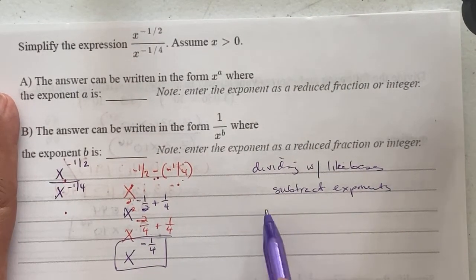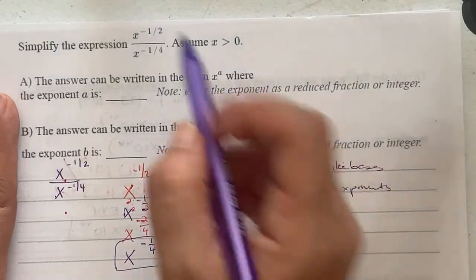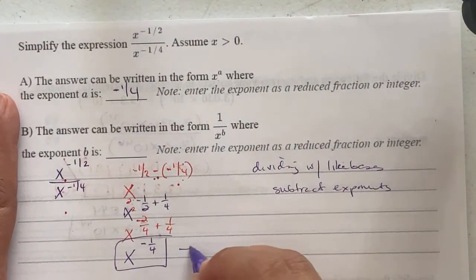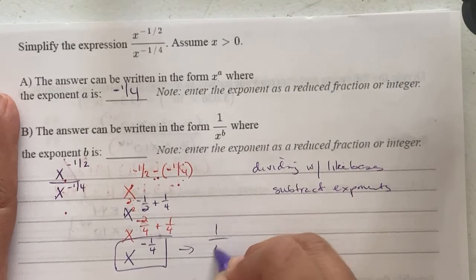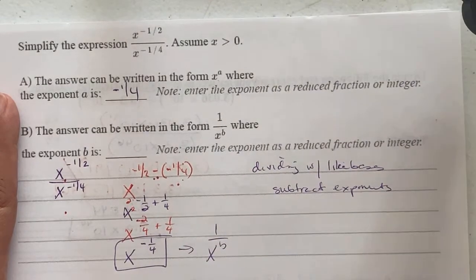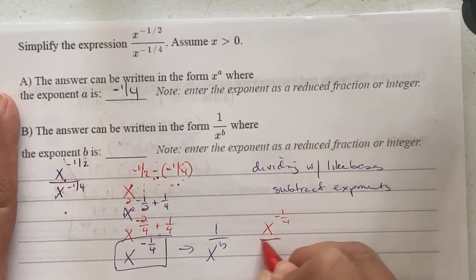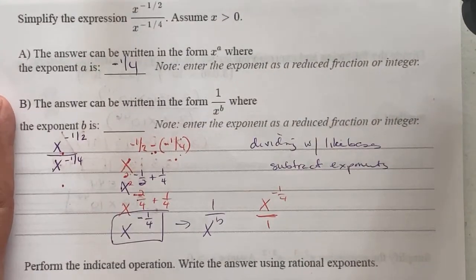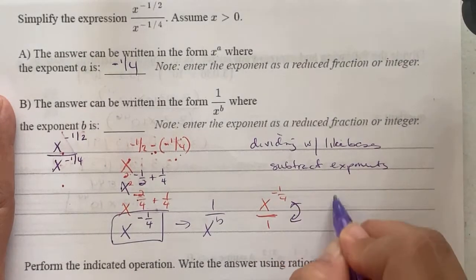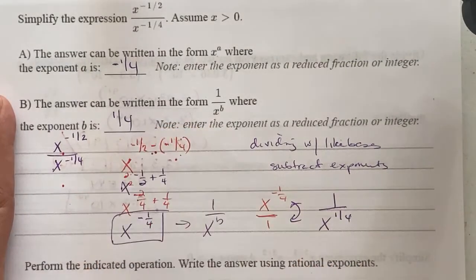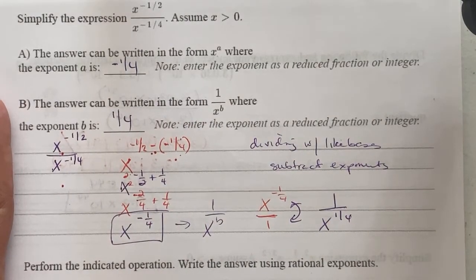So if I'm in the form of x to the a, I have an exponent of negative 1/4. But if I want to change it to 1 over x to the b, remember that you're going to make it over 1. So watch your positions, and you got x to the 1/4, so I become now a positive exponent.